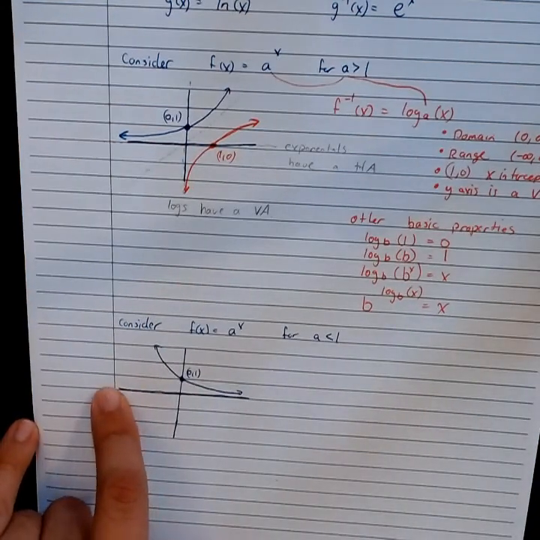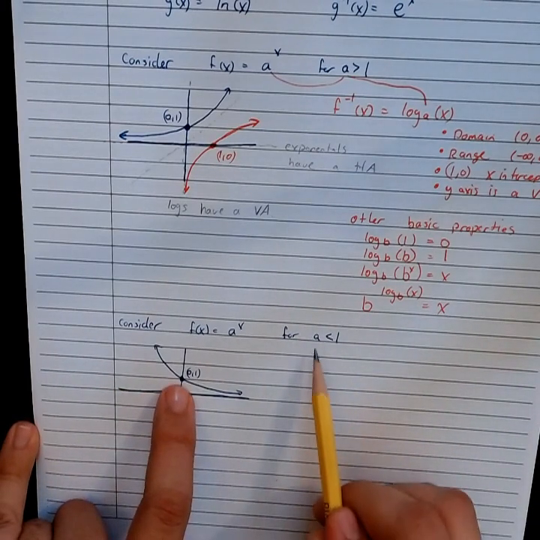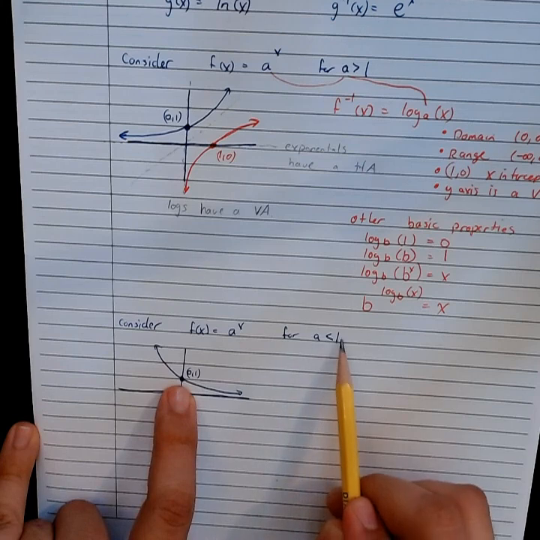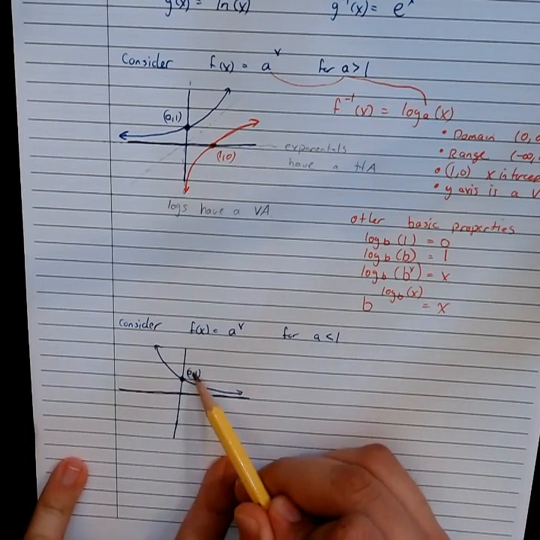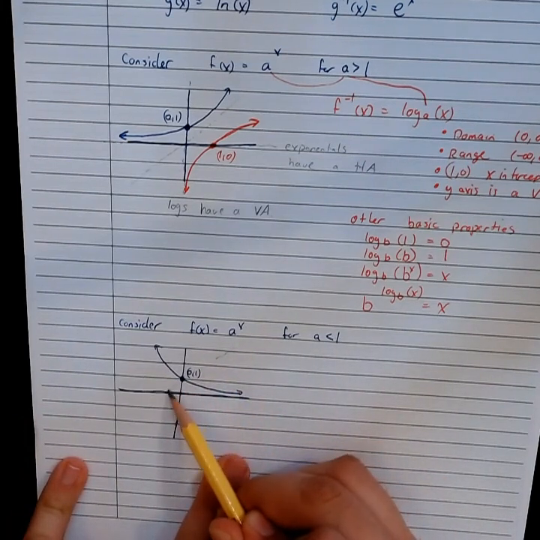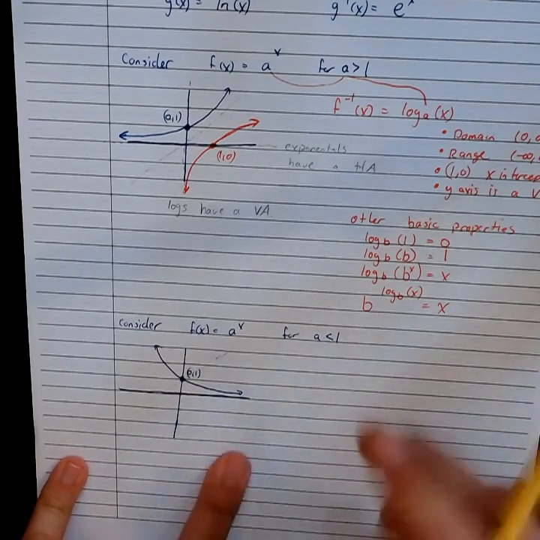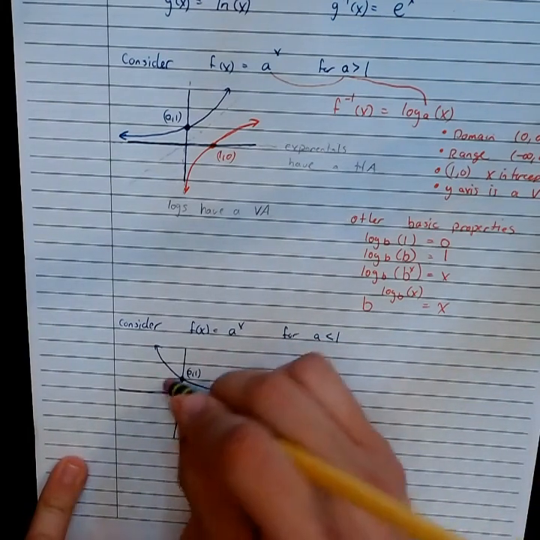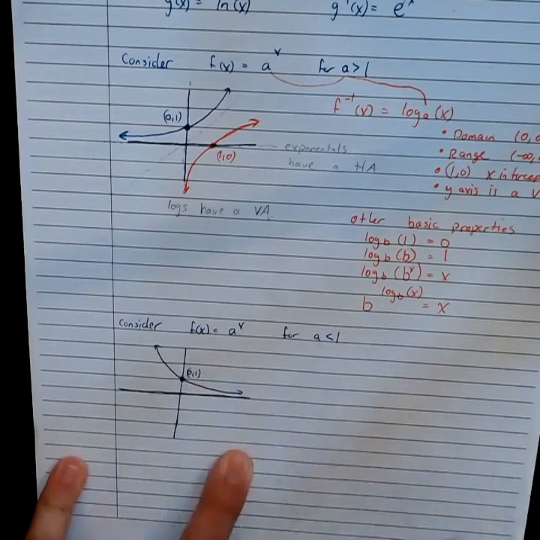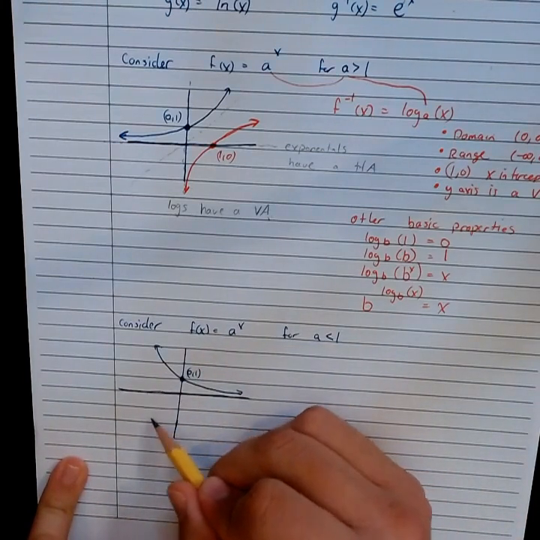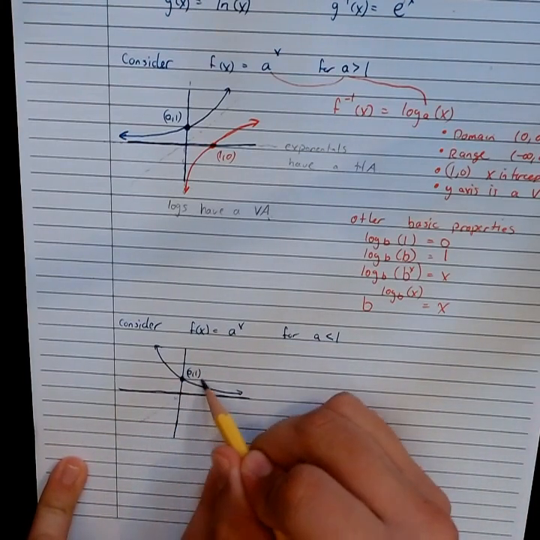All right. So now, if that is my exponential with a base less than 1, to find the inverse of that, to find the logarithm with a base less than 1, we're going to go ahead and reflect that across this line. Once again, x equals y.